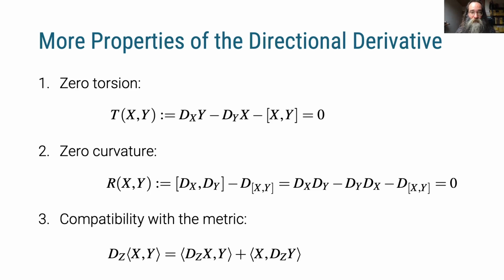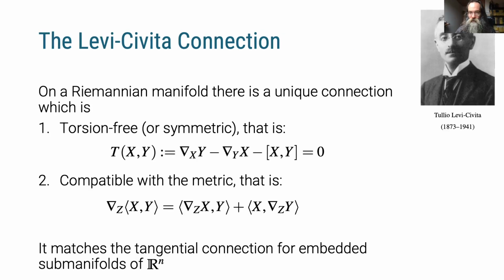Of course, since we want to deal with curved manifolds, which was the whole motivation for this, we will have to drop the second property for our connection. But it turns out that if we keep the first and the third property, then we actually get a unique connection on a Riemannian manifold.